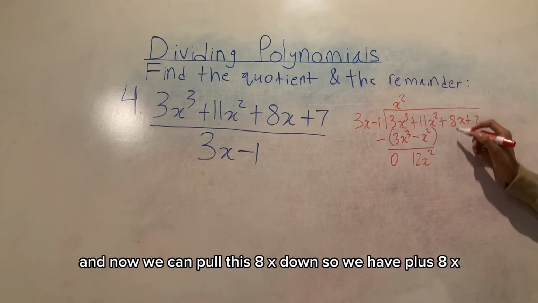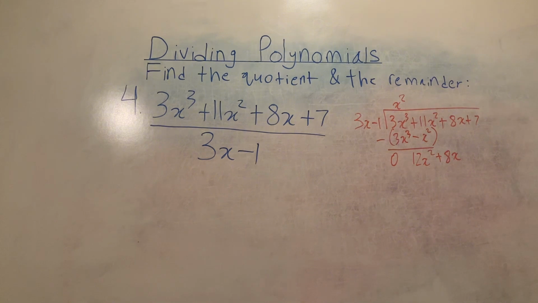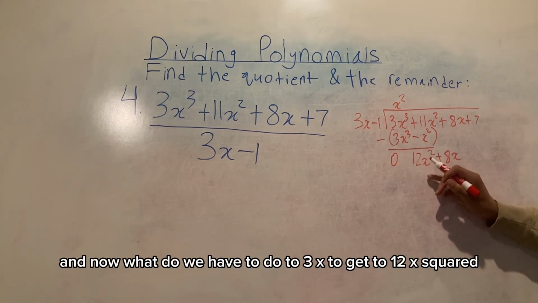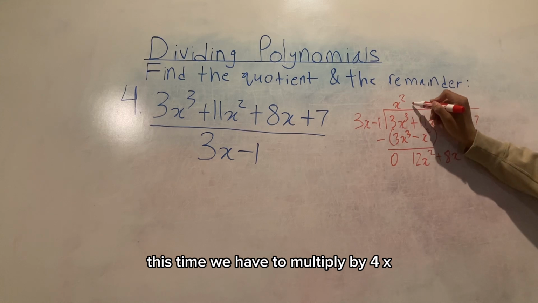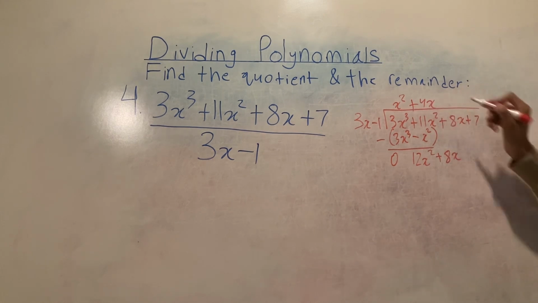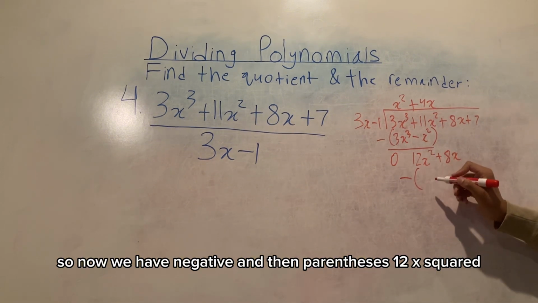And now we can pull this 8x down, so we have plus 8x. And now what do we have to do to 3x to get to 12x squared? This time we have to multiply by 4x. So now we have negative, and then parentheses, 12x squared.